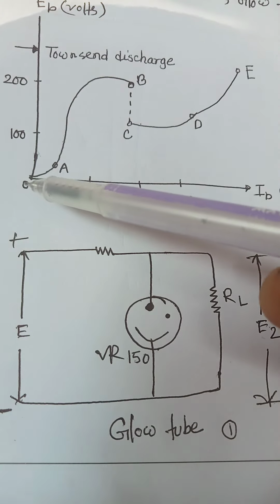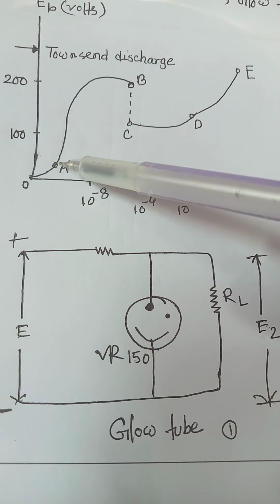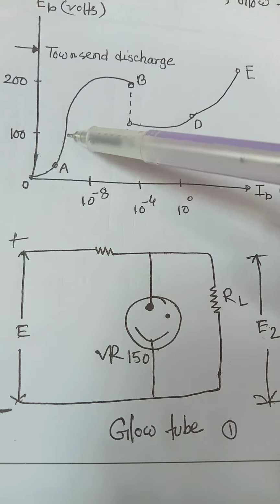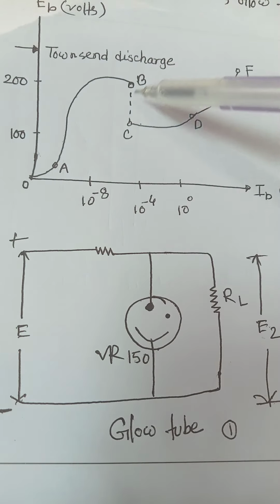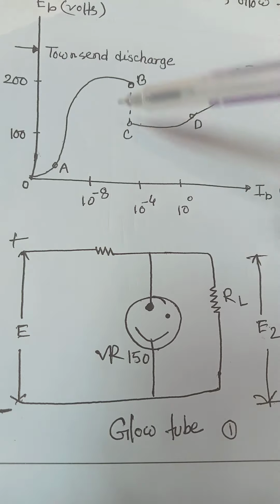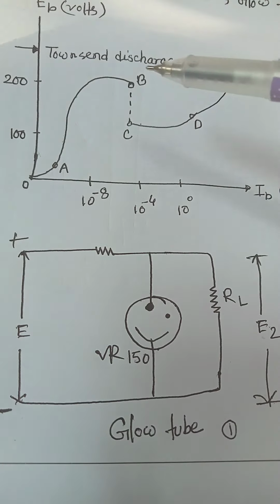First the low current region, then current increases to point B, the critical condition, and then C, D, and E conditions. In the region C to D, the voltage across the tube remains constant even as the plate current increases.